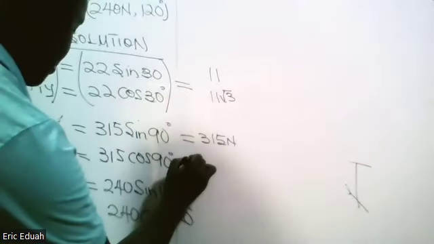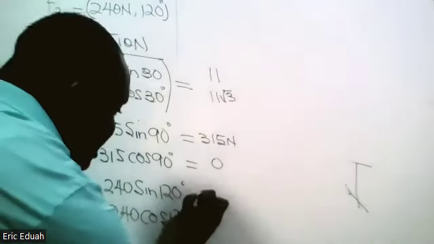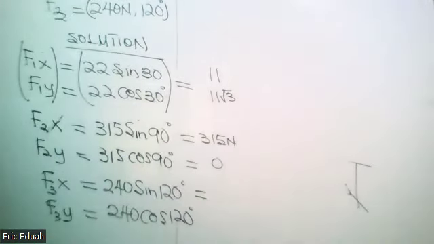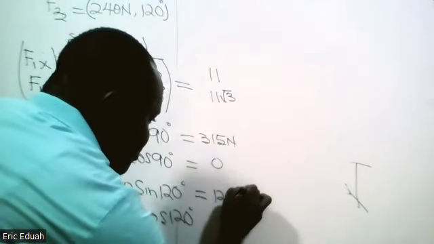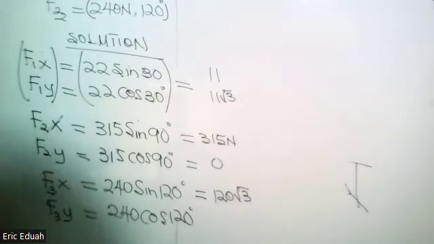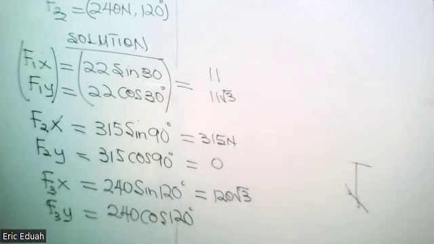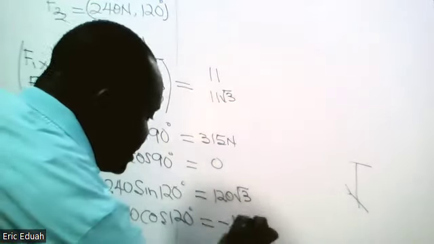Cos 90 is 0. Then sine 120 is equal to sine 60, which is root 3 on 2, so 120 root 3. Then cos 120 is equal to minus cos 60, so this is negative half. So we have minus 120.